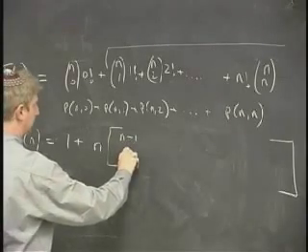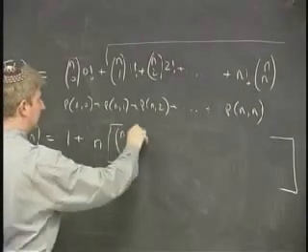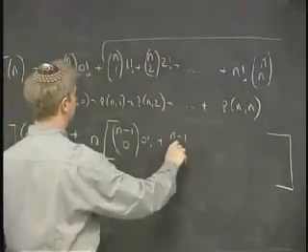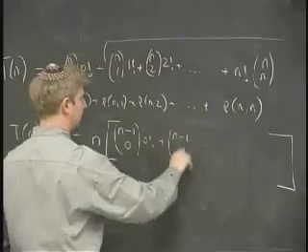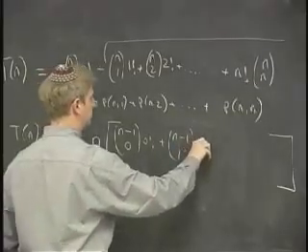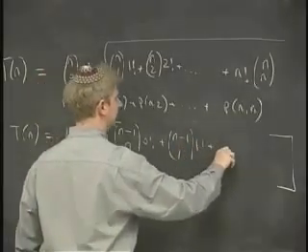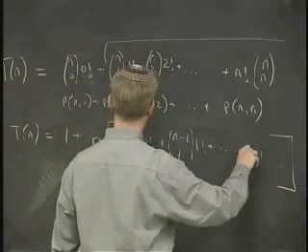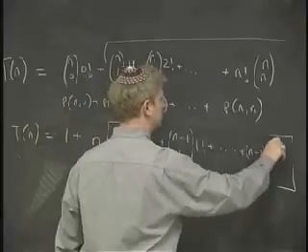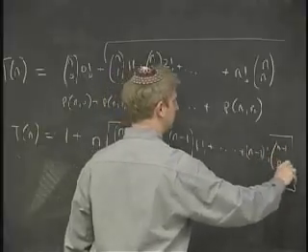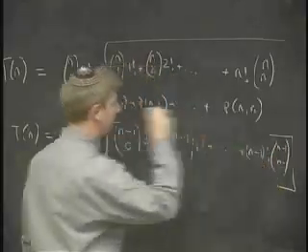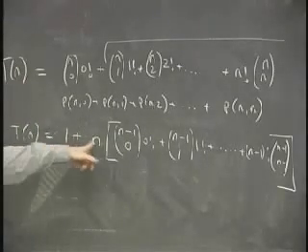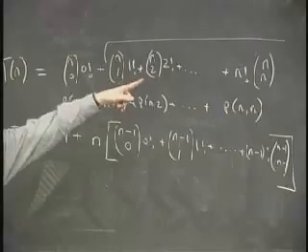If you multiply this n back through, you'll get this.